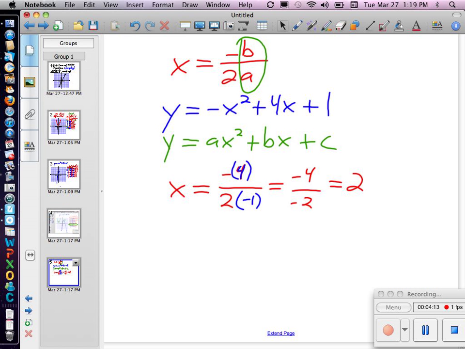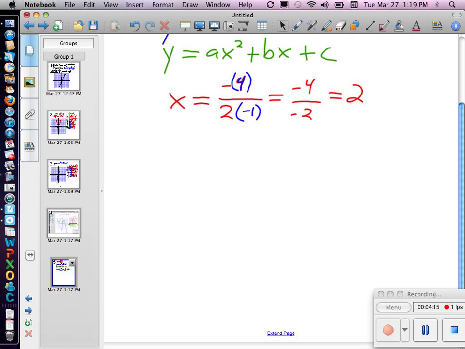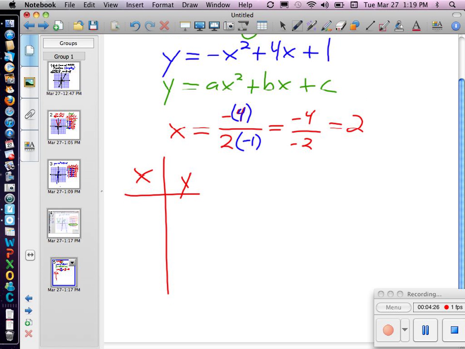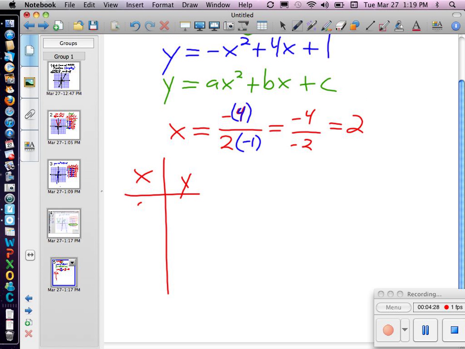All right. So if we wanted to do that again, we could make our little xy chart. Let me move this up a little bit to show what our equation was. So we know from before that an x of 2 gives us a y of 5. Now the easiest thing to do is you want to choose the closest points next to 2. I like to use whole numbers because it's going to be easier to plug whole numbers into our original equation.